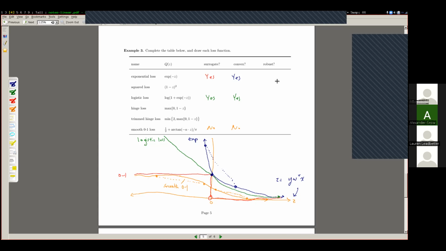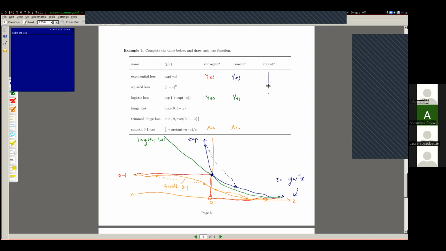For all of these loss functions, I ordered them in terms of robustness, where up here is less robust, and down at the bottom is more robust.